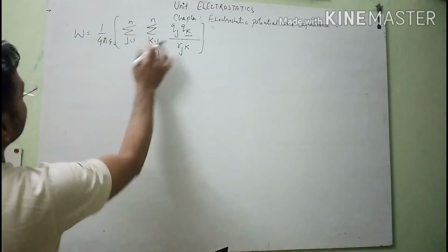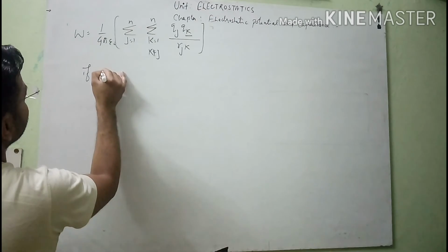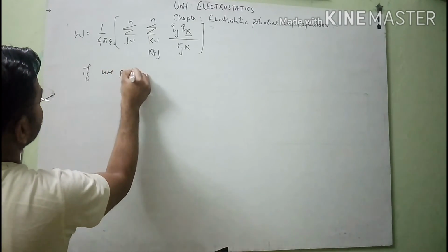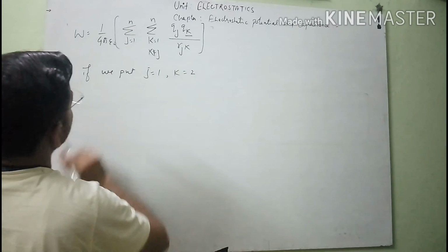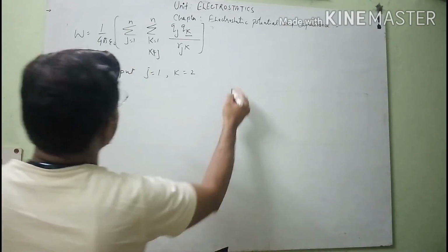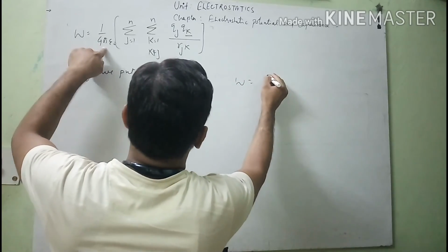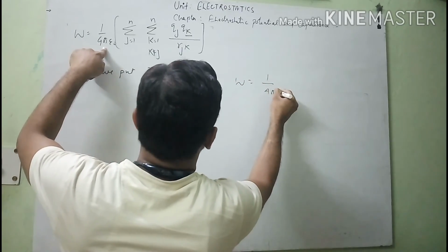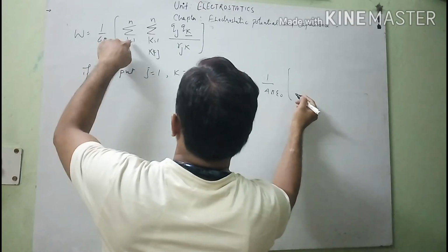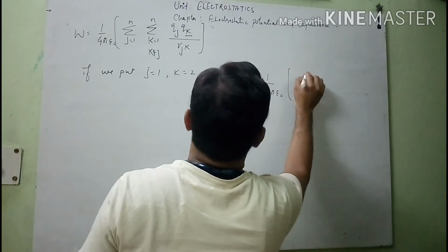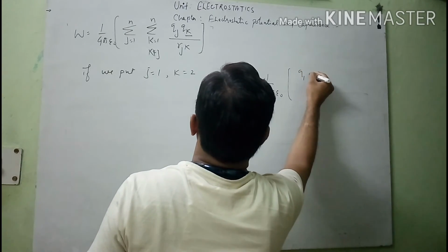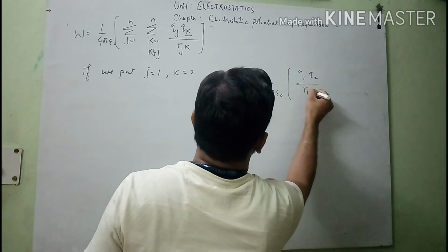So see here, student, if we put j is equal to 1 and k is equal to 2, you will see the value of work done will be 1 over 4 pi epsilon naught Q1 Q2 over R12.